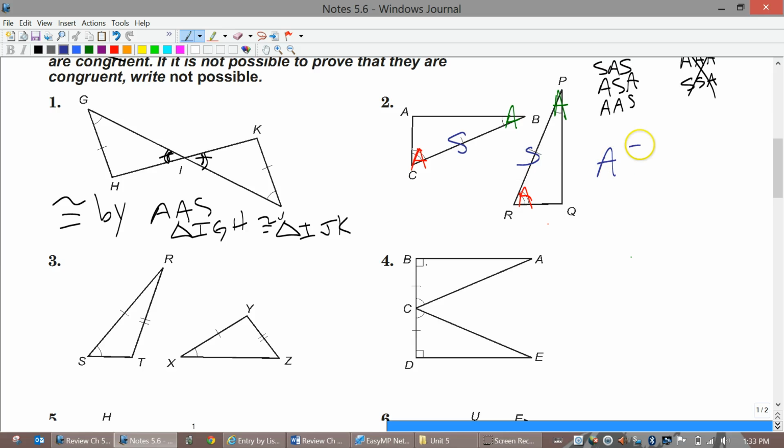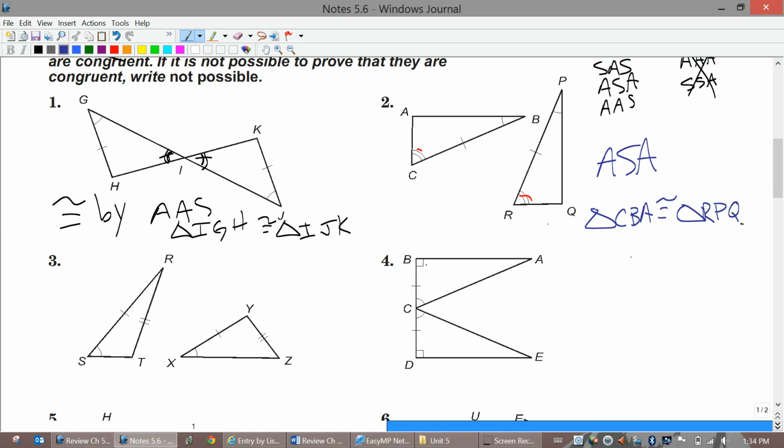Yeah, that's an ASA. They're congruent by ASA. And what's the statement that matches the 2 triangles up? Well, we look up the markings. So we're going to go 2 arcs, C and R, 1 arc, B to P, and then no arcs, and then no arcs.